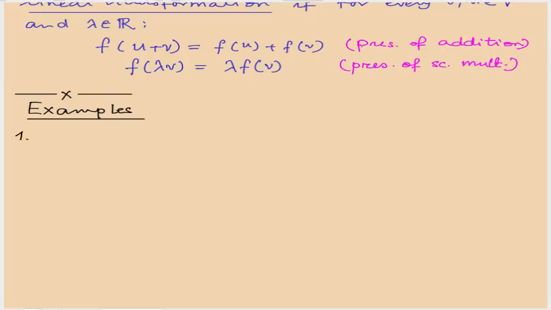First, remember the set of reals with its usual addition and multiplication, we have already seen it to be a vector space. And choose and fix lambda, a fixed real number.